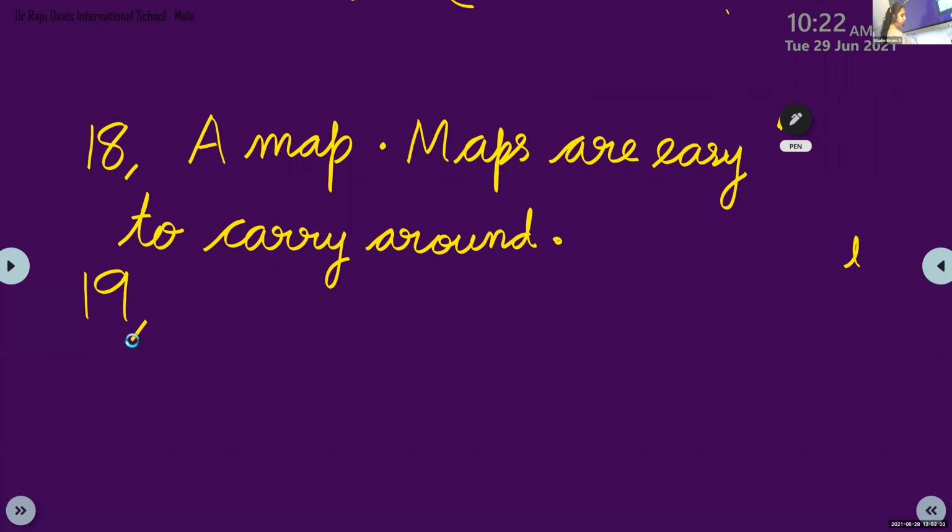And Abdul wanted to show the information related to a particular theme, that is population density. So he should use a thematic map, and Rima wanted to use a political map.